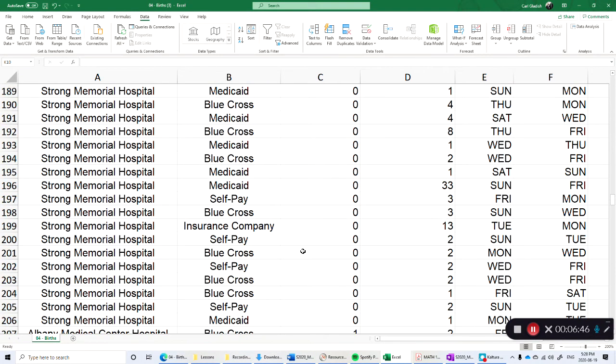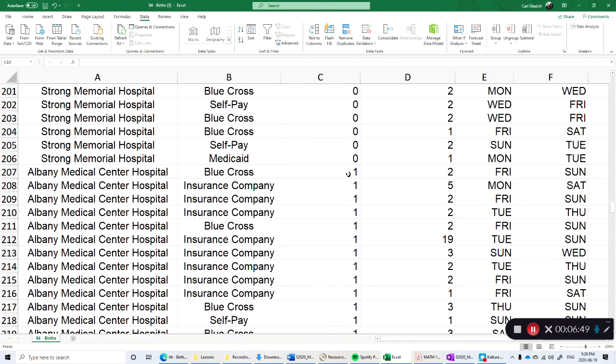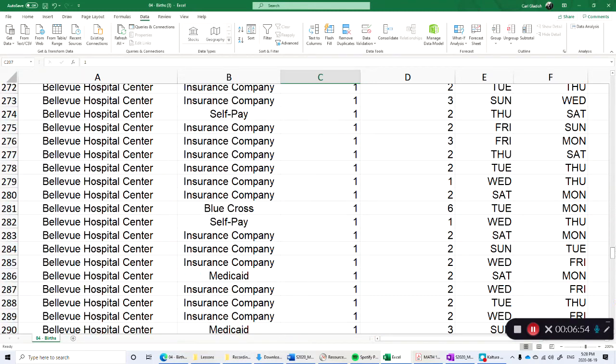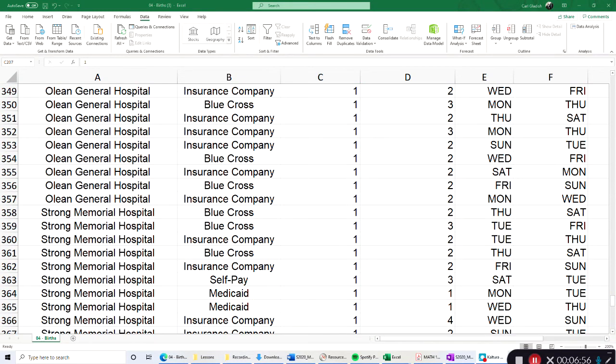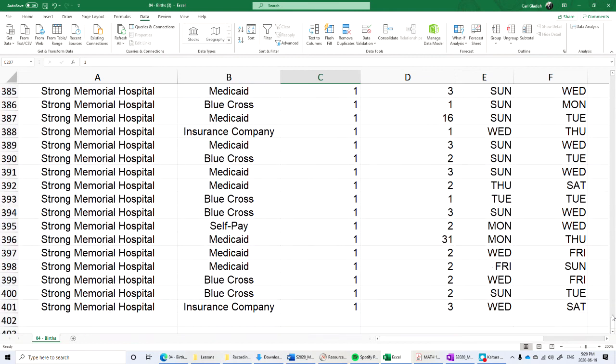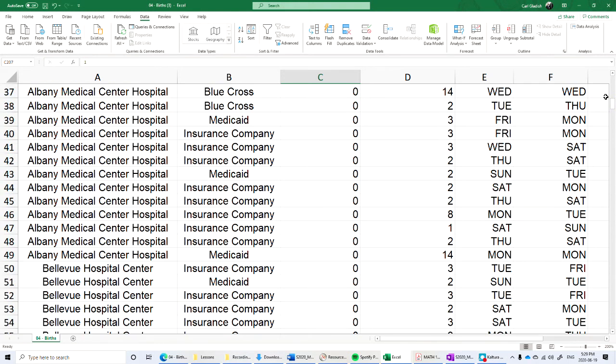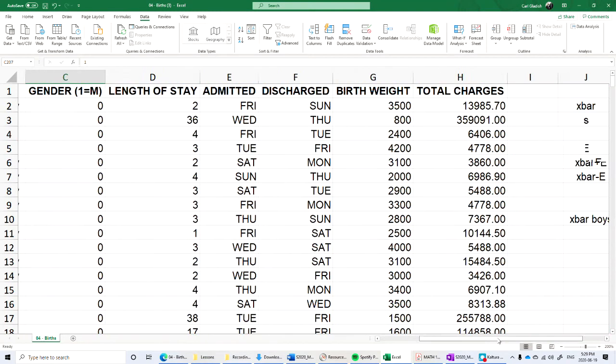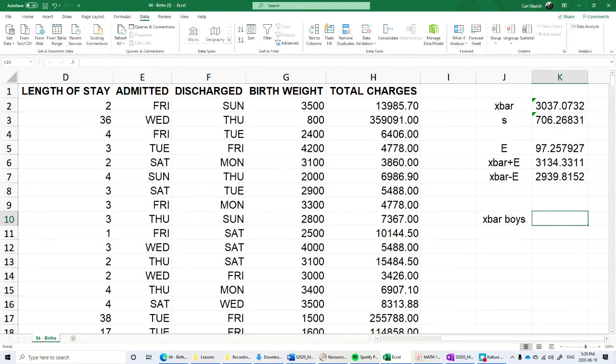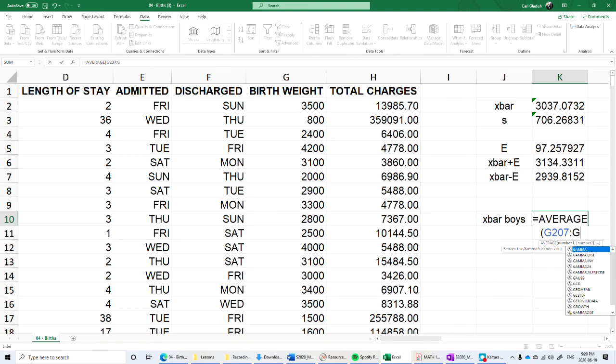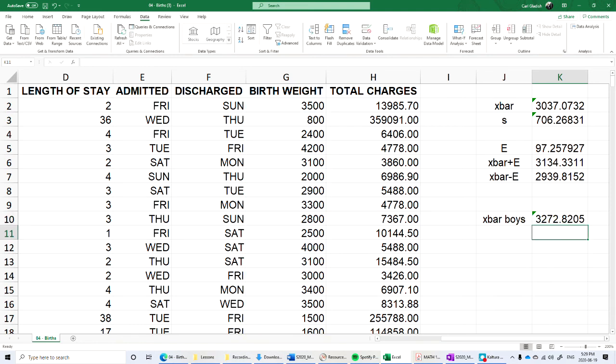The boys started at 207 down to 401. So the X bar for boys is the average of G207 up to G401. 3272.8.